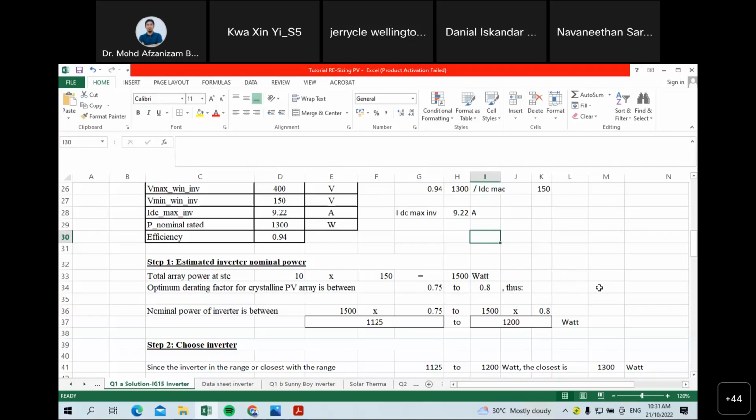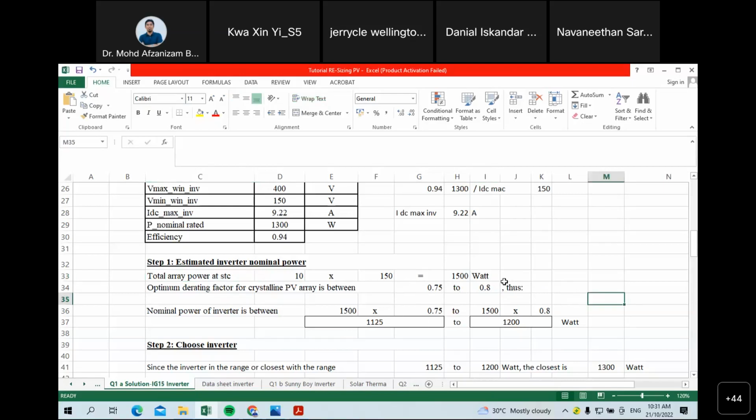This varies depending on the installation: some connections may use short wire, some may require a long wire, which means higher losses throughout the installation. So we just assume the derating factor is in the range of 0.75 until 0.8 from the 1500 PV total array power at STC, so that we get 1125 and 1200.